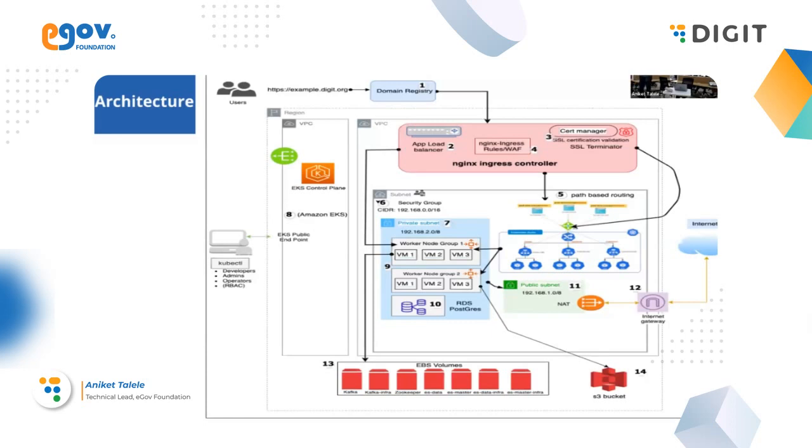On the left-hand side, you can see Amazon EKS. This is the EKS control plane, which is Kubernetes as a service provided by AWS. We are provisioning that as well using Terraform scripts. At the bottom, you can see we have an S3 bucket and EBS volumes. The S3 bucket you need for your logos, or you can configure the file store service with the S3 bucket.